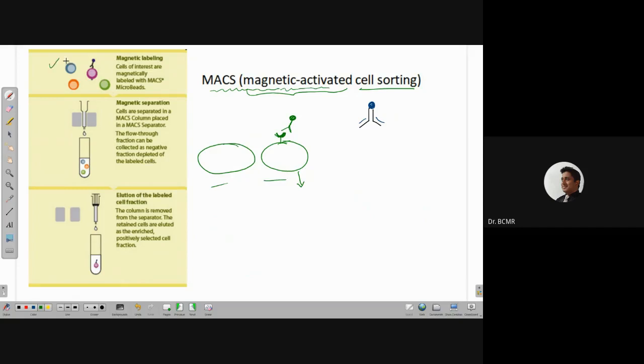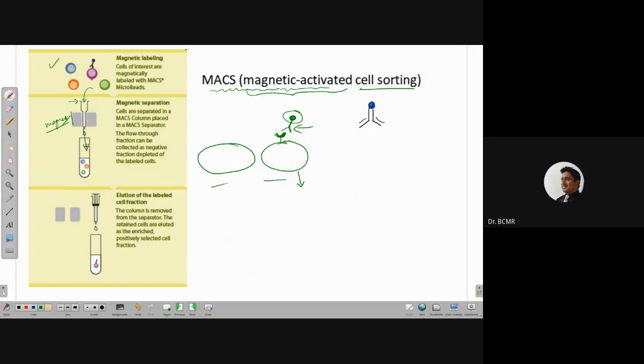Once you have labeled like this, you would pour all these cells into this column you see here, and these blocks you see are magnets. So any cell bound to antibodies with the magnetic microbead will get retained in the column, and the rest of the cells will flow through.